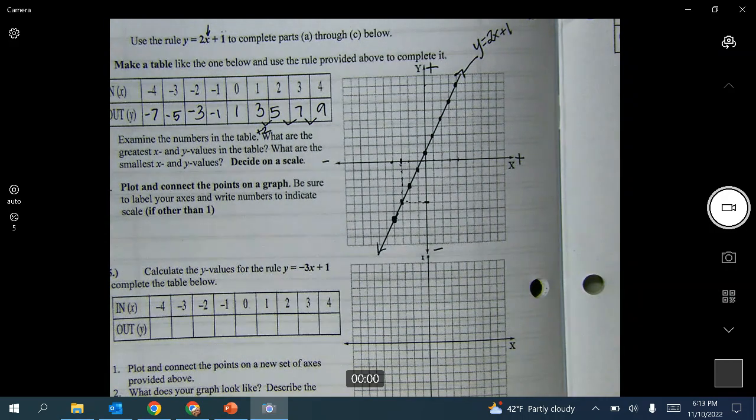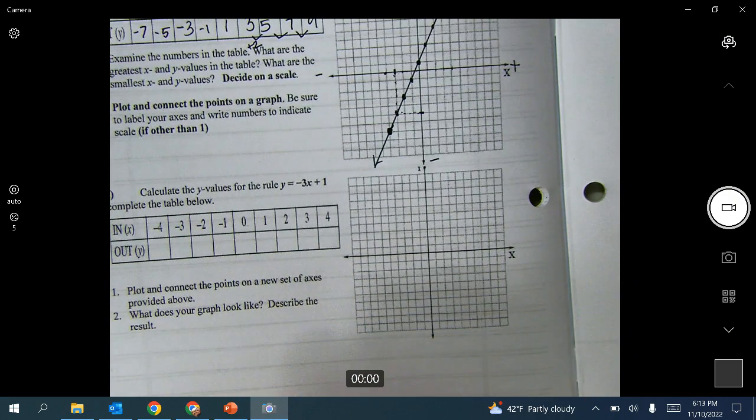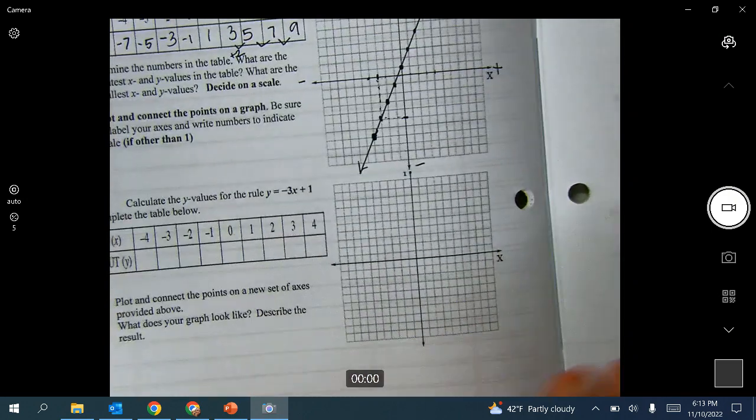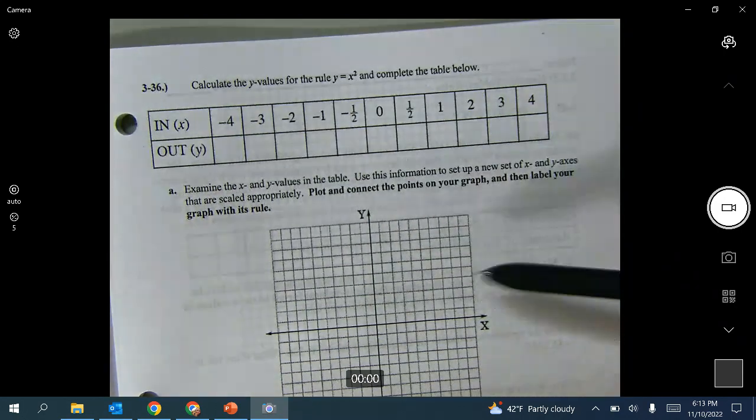Now I would like you guys to go ahead and try this next one on your own. I am going to post the answers for this one, but I'm not going to do a video going over it. I want you guys to also do this one right here using this x squared and complete this.